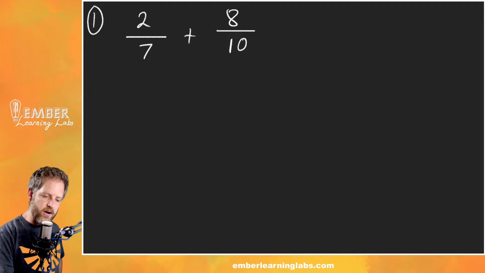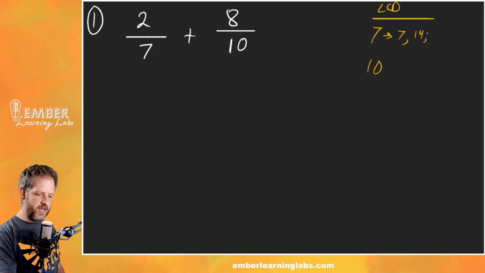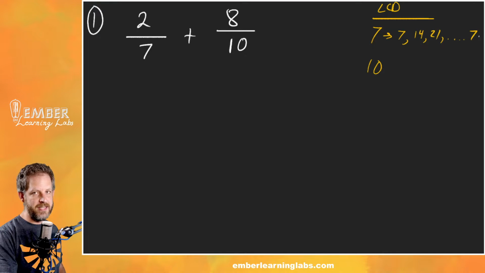So we're going to find the LCM, the LCD, for 7 and 10. What are the multiples of 7? Well, it is 7, 14, 21, etc., 70. Saving us some time and trouble.